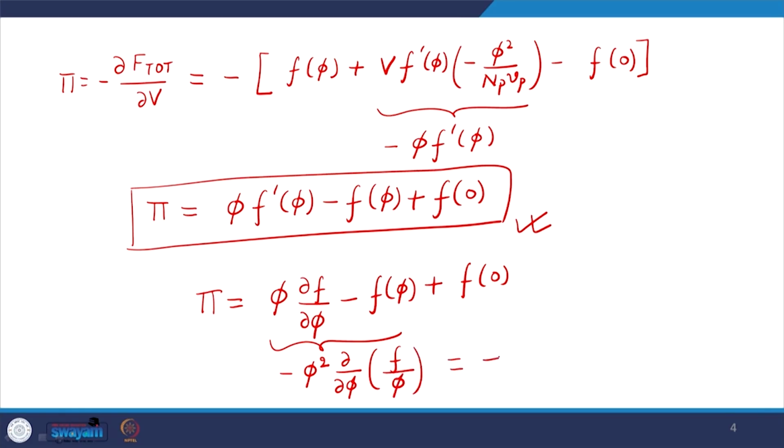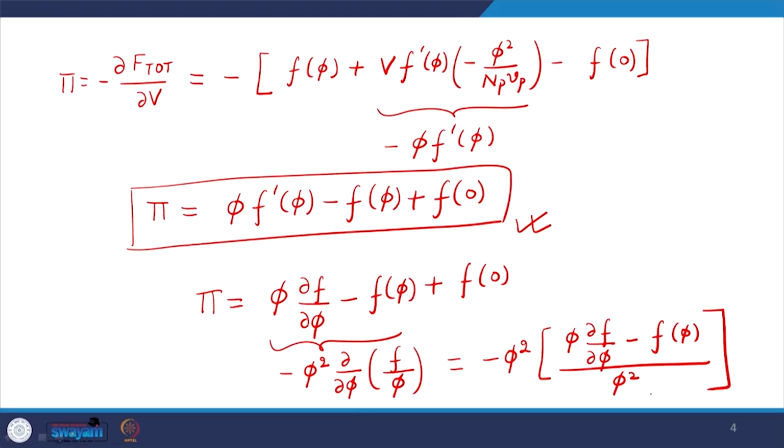Why? Because if I elaborate this, we will have minus phi square times phi dou f by dou phi minus f of phi divided by phi square.